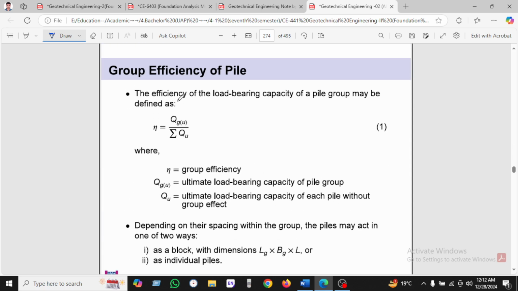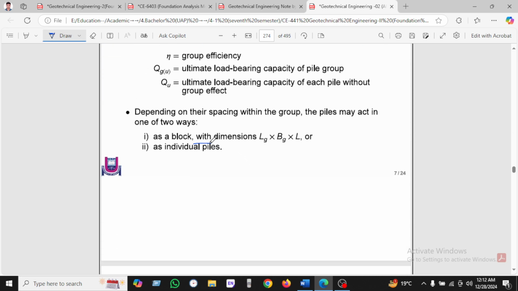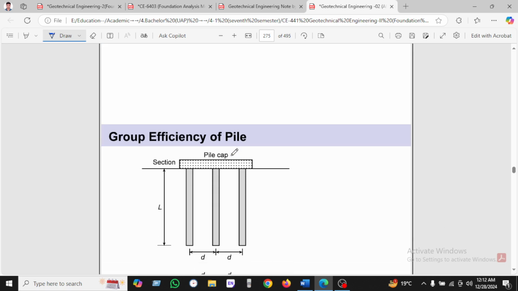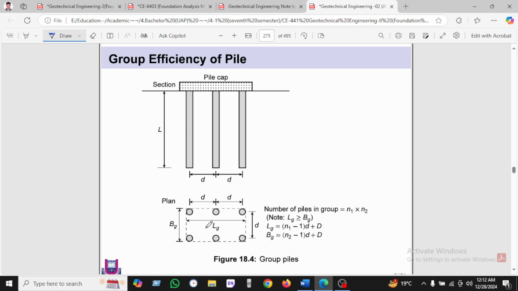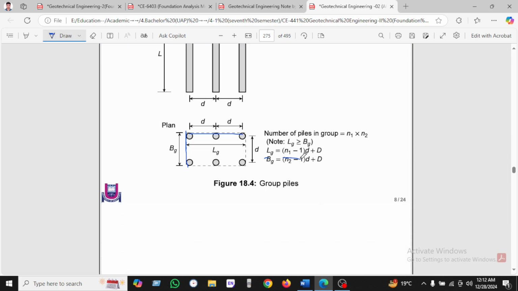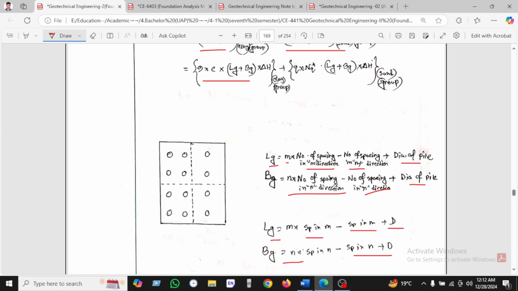The efficiency load bearing capacity of a pile group may be defined by Q, with Lg and Bg. Lg equals (n1 minus 1) into d plus d, and Bg equals (n2 minus 1) into d plus d, or we will use this equation. So this total length we can say Lg, and this total width we can say Bg.